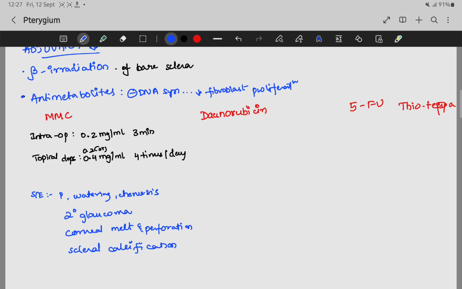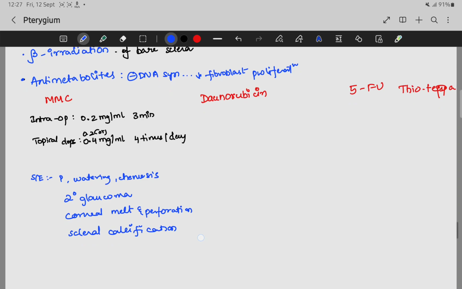So these are the side effects of these antimetabolites. So we have to use them meticulously, and after using we have to irrigate the area with normal saline for at least 1 to 2 minutes.